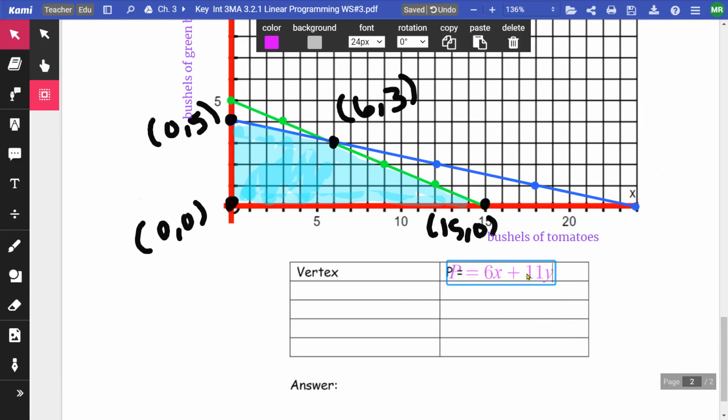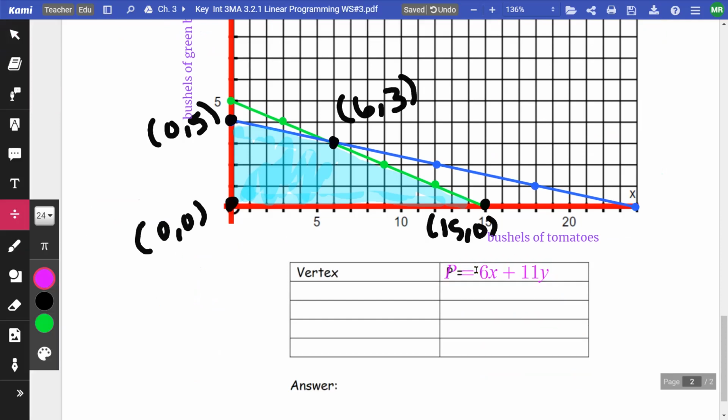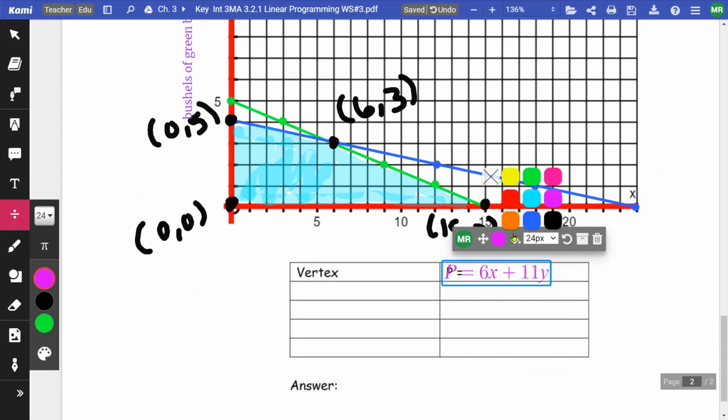So that is my objective function. And let me fill it with a color. Maybe I'll fill it with yellow. No, that's yellow writing. It's not what I want. Try it one more time. There. Okay.